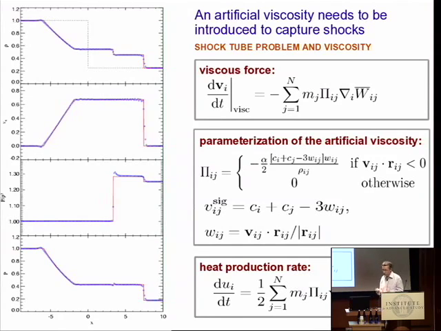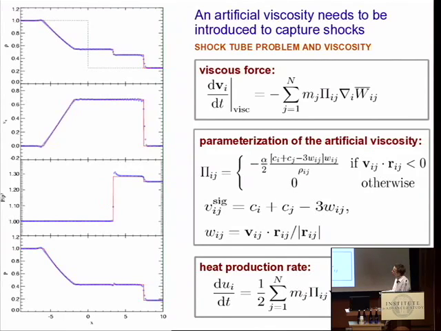And there are schemes where people have made this time variable. For example, you can make the strength coefficient in the viscosity, say this alpha here, time dependent. In that way your code realizes that there's a shock happening, and then it cranks up the viscosity, and with some decay time it is then reduced again to a smaller value. So with these tricks you can improve this behavior a lot.